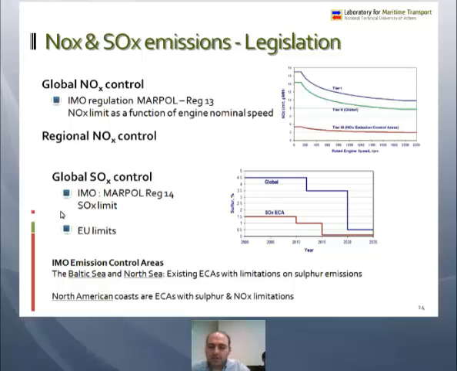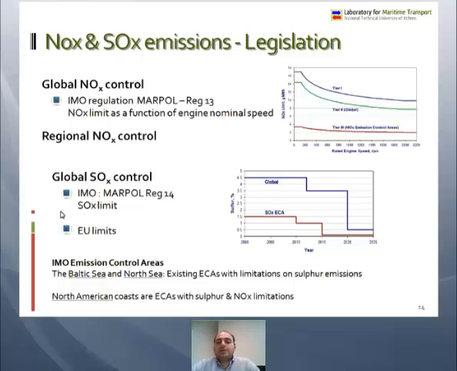You probably know that ship engines are not designed to burn diesel oil. They're designed to burn heavy fuel oil. There are of course some problems with that, but there is a tendency toward setting lower limits on sulfur content.